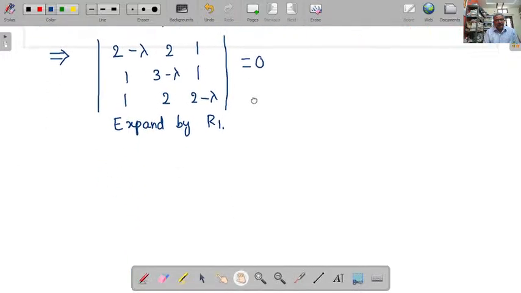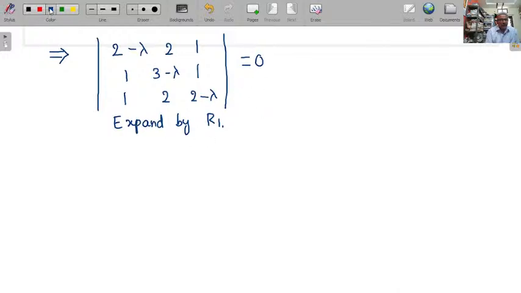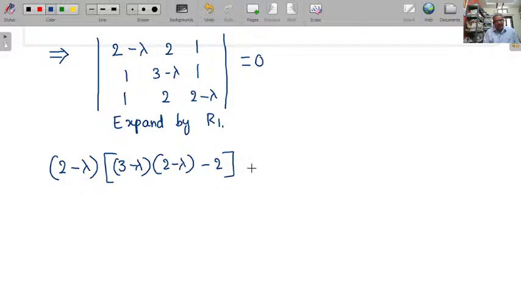Next you are going to get like this. My dear students, 2 minus lambda multiplied with the determinant of this matrix, so we get 3 minus lambda multiplied with 2 minus lambda, and minus 2 multiplied with, deleting this row and this column, the determinant of 1 1, 1 2 minus lambda, that is 2 minus lambda into 1, and 1 into 1 1, that is negative 1, and plus 1 multiplied with, deleting this row and this column, the determinant of this matrix, that will be 2 minus 3 plus lambda, equated to 0.